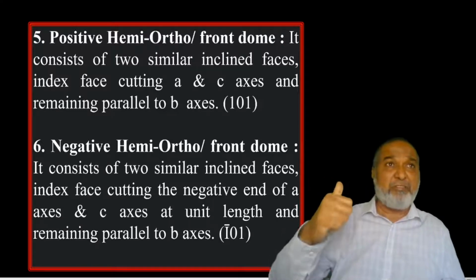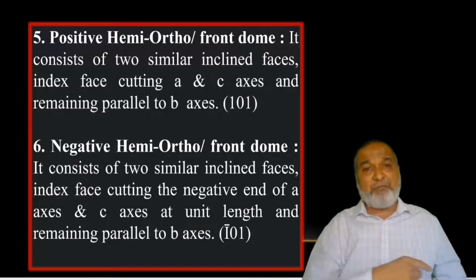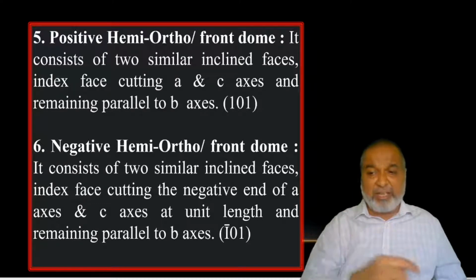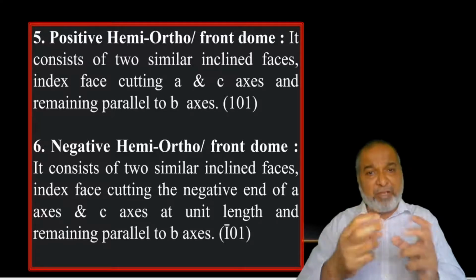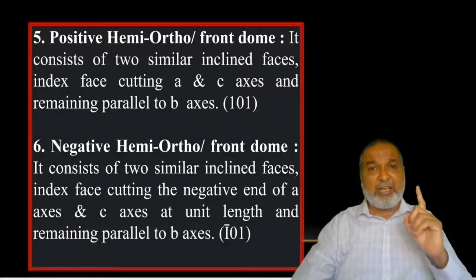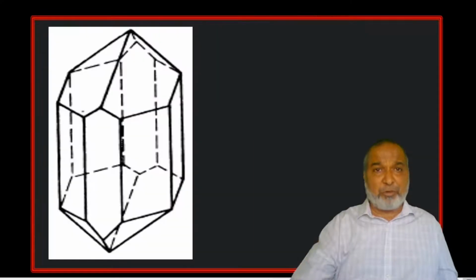So that is the negative hemi-orthodome. Of the two faces, one is a positive hemi-orthodome and the second is a negative hemi-orthodome. When it cuts the negative side, only one face is there. When it is cutting the positive side, it is the positive hemi-orthodome.